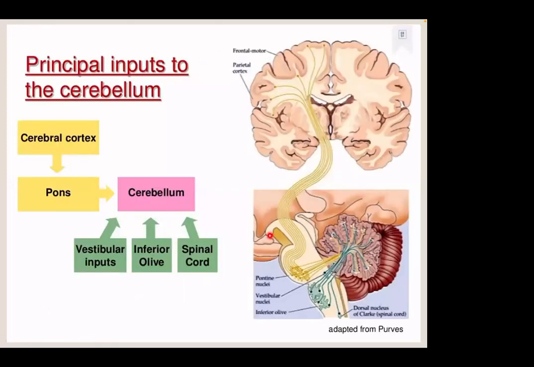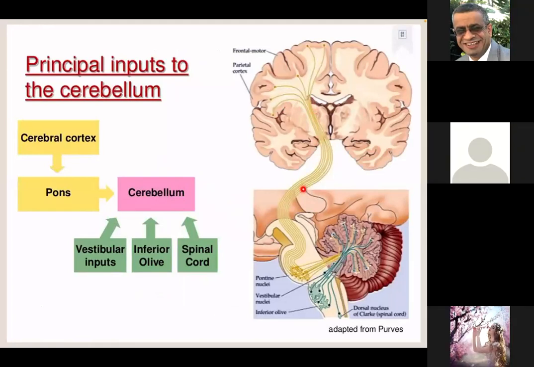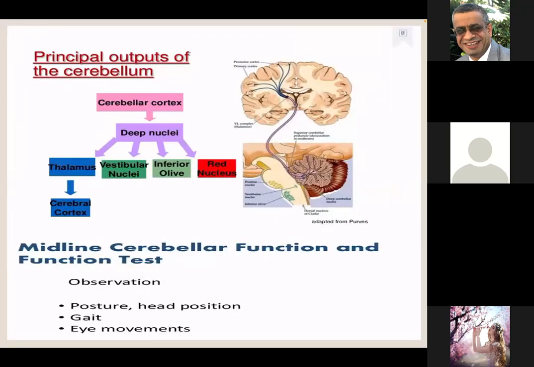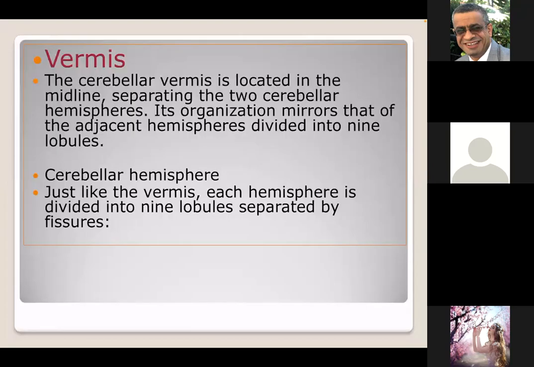The principal input to the cerebellum is from the cerebral cortex to the pons, then to the cerebellum, and the vestibular inputs, olive, and spinal cord. The principal output is from the cerebellar cortex to the deep nuclei, to the thalamus, and to the cerebral cortex. Its functions are posture, head position, gait, and eye movement.